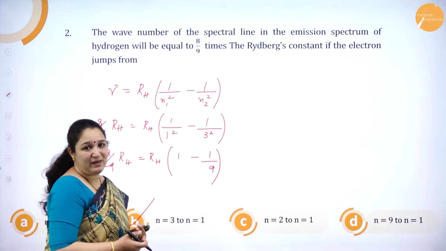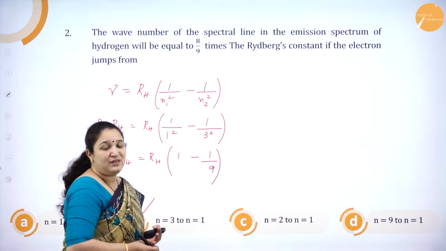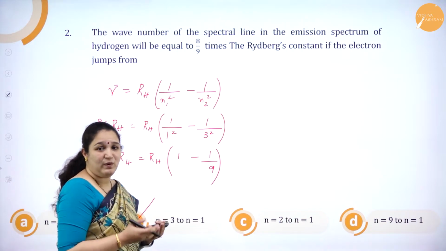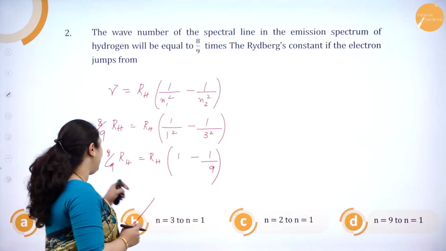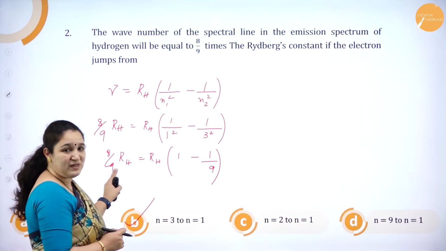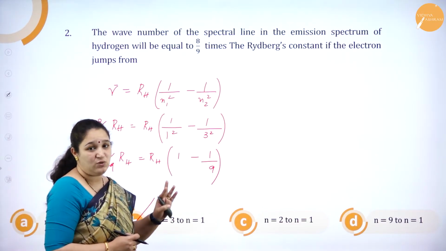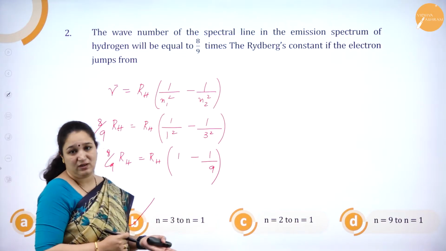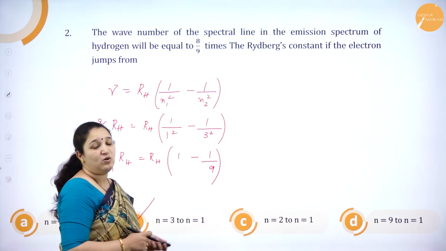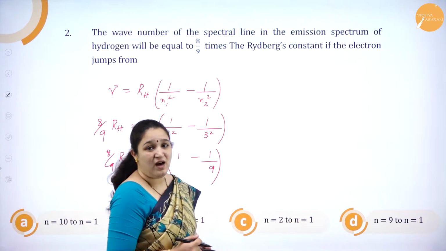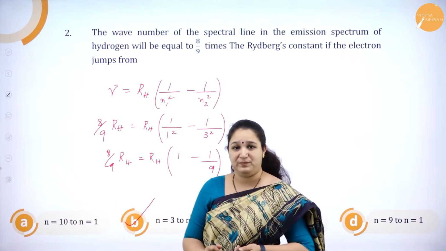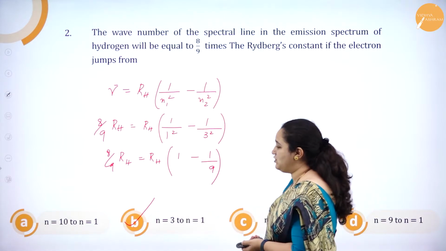So there are multiple methods of solving this, but without even writing, we can solve this just by knowing that the denominator should be 9. That means the square of the number should be 9, and the square of the number which is equal to 9, which is possible here, is only 3. Isn't it? So that is how I told B is the correct answer even without solving. Okay. So we'll see the next question.